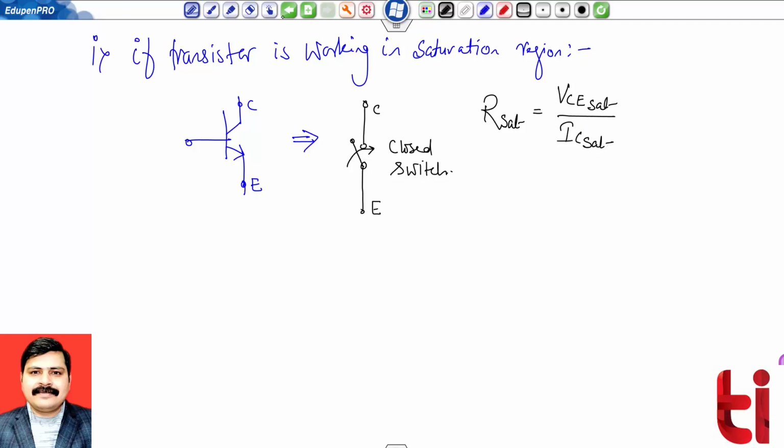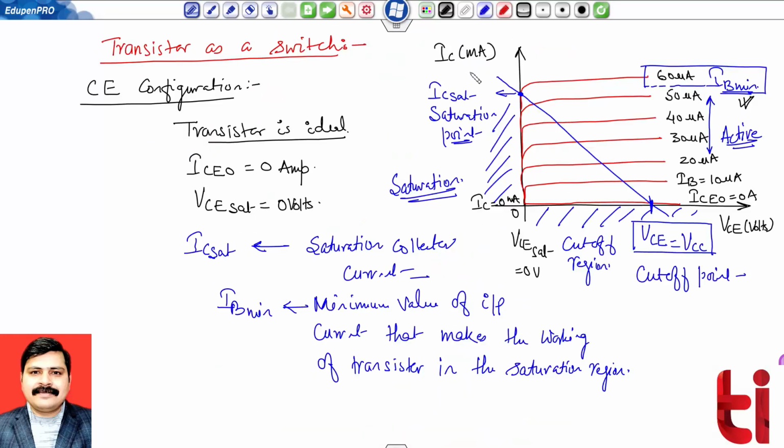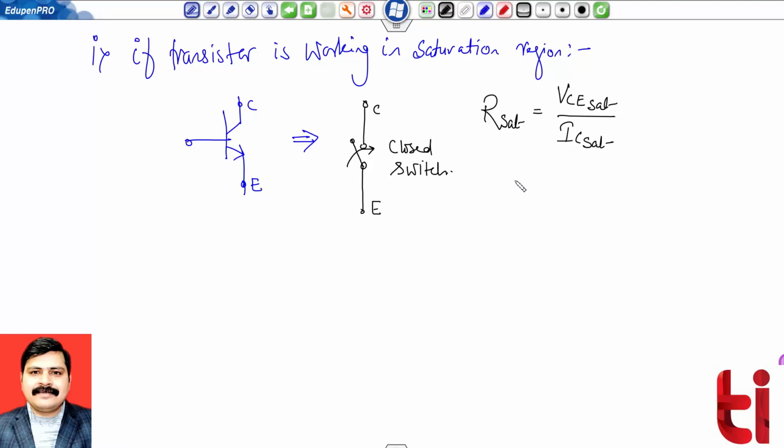You can check from the characteristics, the value of IC sat is there, a finite value, but the value of VCE sat is 0. As VCE saturation equals 0, my R sat will be equal to 0 ohm.